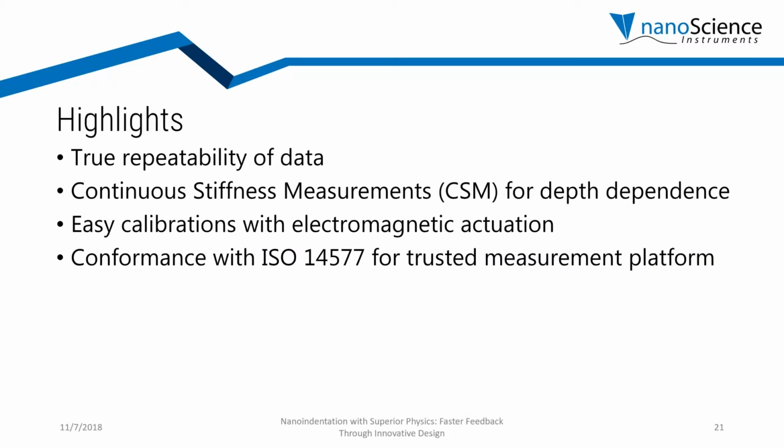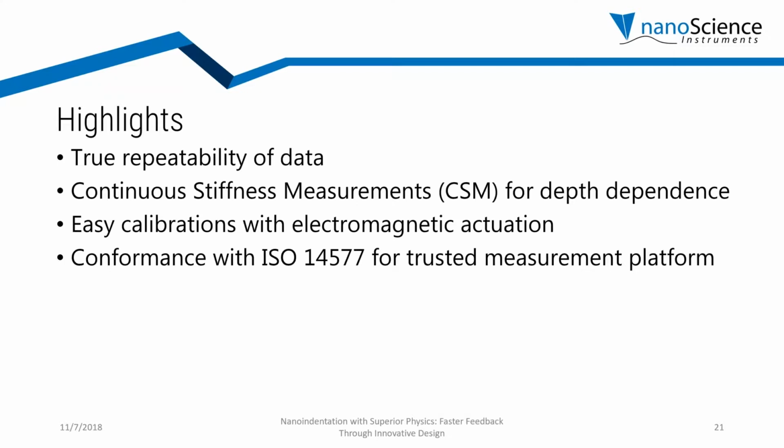Now, to summarize this technique part, the electromagnetic actuation that is independent in force and displacement gives you repeatability of data. The continuous stiffness measurement gives us the depth-dependent data on your sample. Because of the electromagnetic actuation, we have easy calibrations.